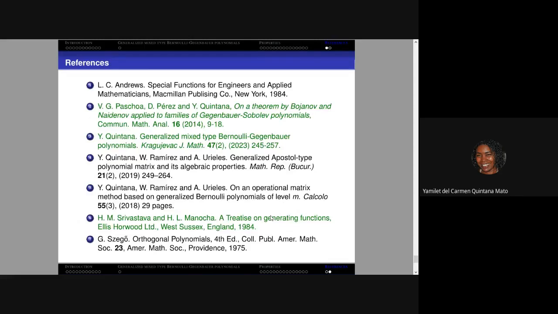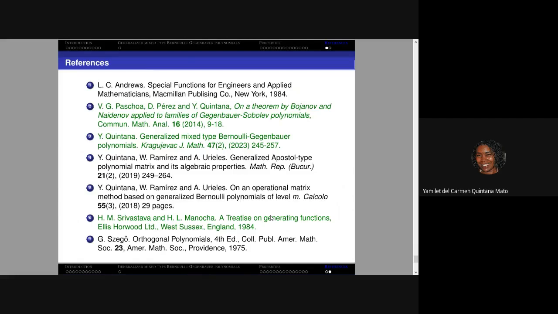Finally, I want to mention some references associated with this subject. I only want to note the reference in green.